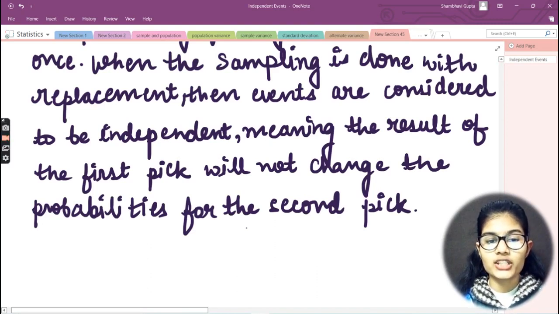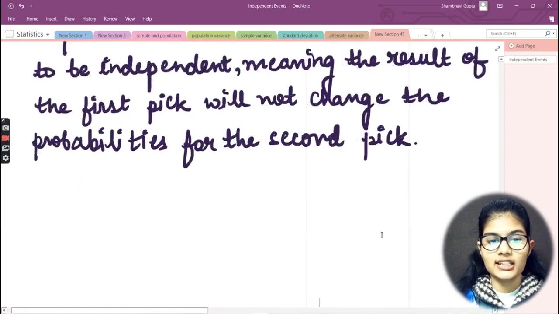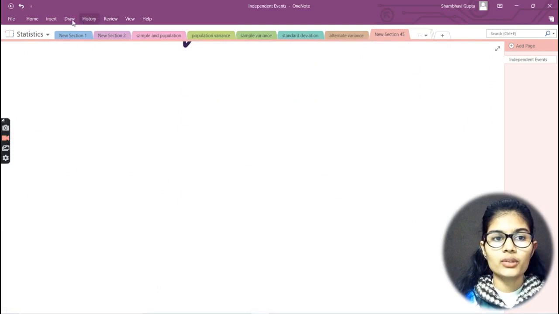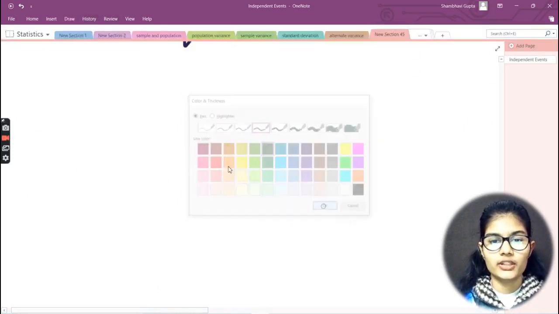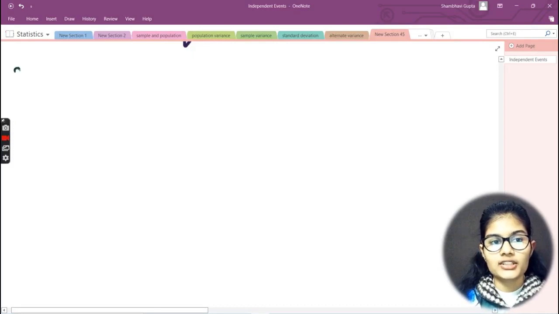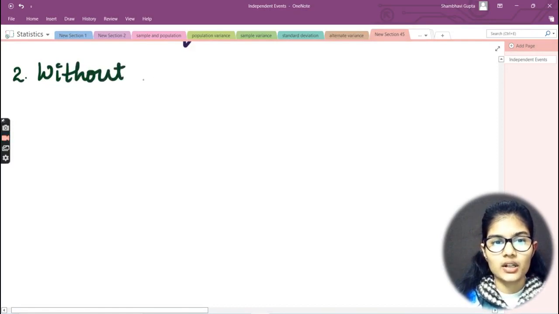This is what happens in sampling with replacement. Now, the second one is without replacement.